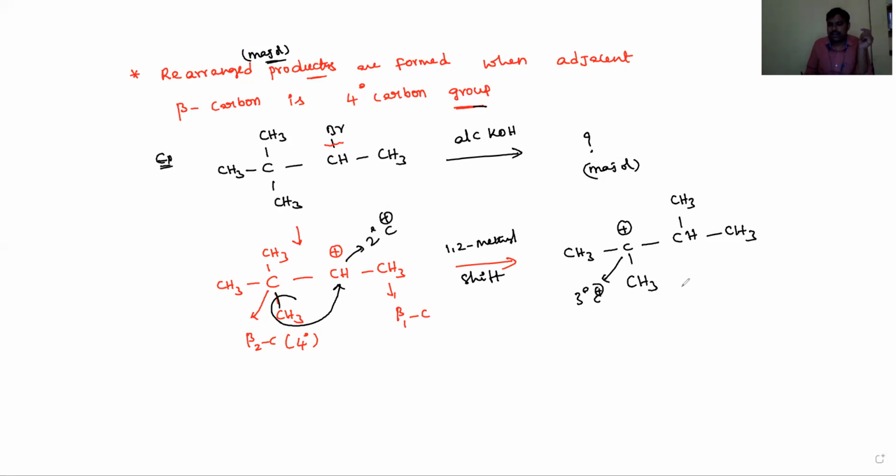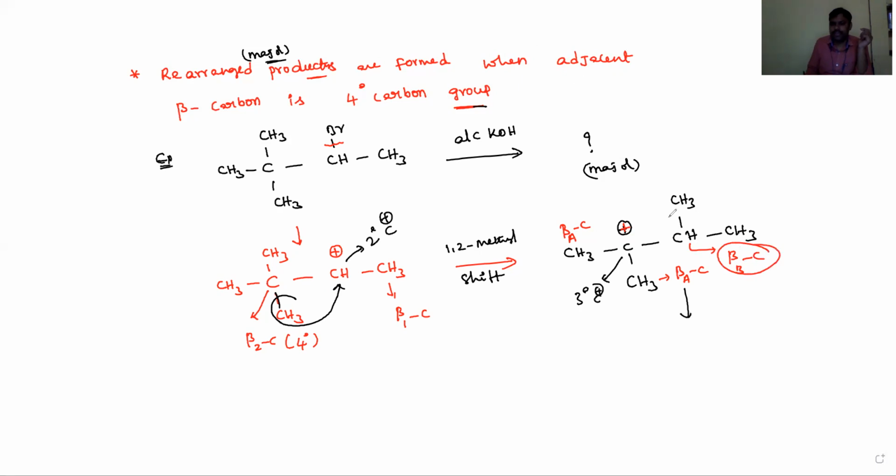Now with respect to this new, rearranged carbocation intermediate, these are beta A carbons, and this is also a beta A carbon, so these are both the same kind of carbon, and this is a beta B type, another different type.